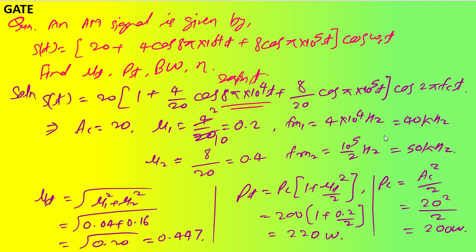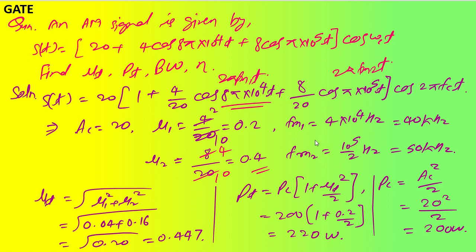Similarly μ2 is 8/20, which is 0.4. And f_m2 is the same way, 2π f_m2 t, taking 2π common it becomes 10^5/2, so that is 50 kilohertz.